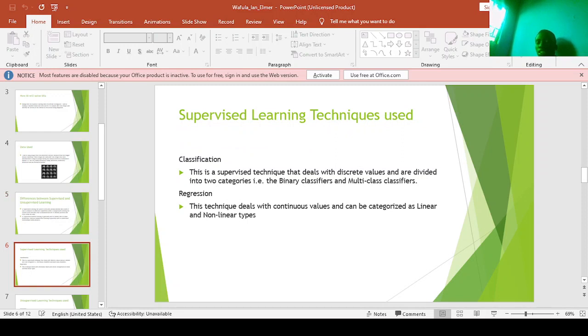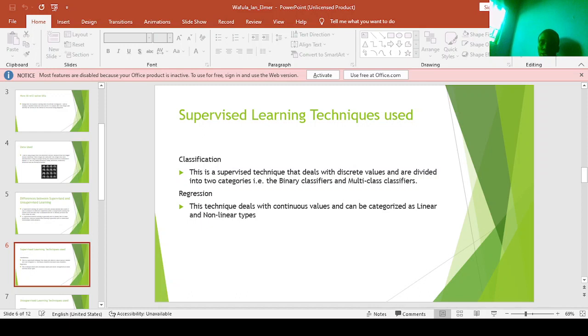Supervised learning techniques that were used are classification and regression. Classification deals with discrete values, whereby the values should be defined and easy to identify, and they are classified into 2 categories: binary classifiers, which deal with 2 different sets of data, and multi-class classifiers, which deal with multiple classes of data.